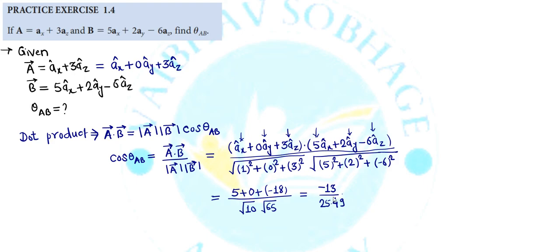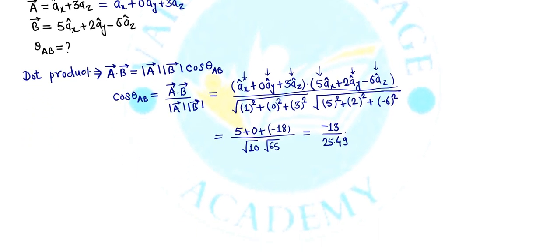Okay, fine. Now again simplify that. Directly you can go with taking the cos inverse of that ratio. So theta AB will be cos inverse of minus 13 divided by 25.49.